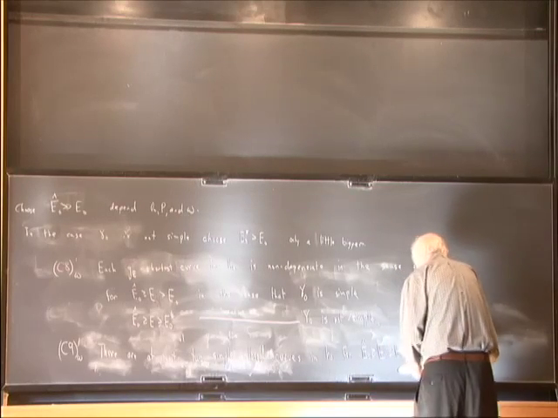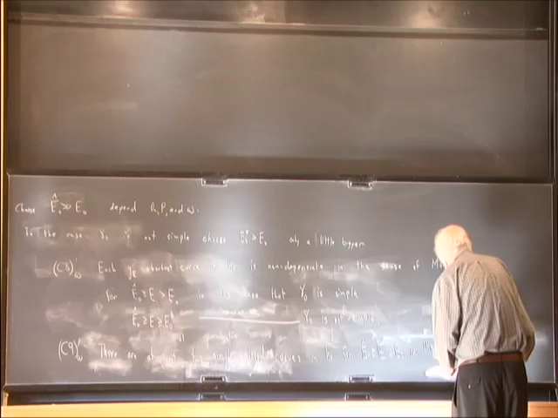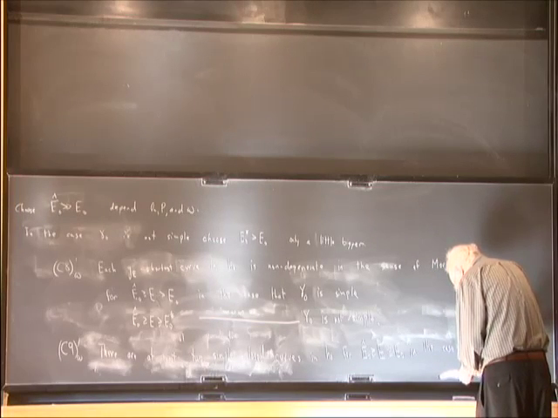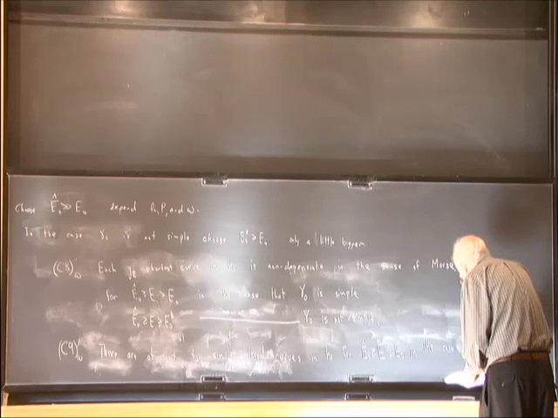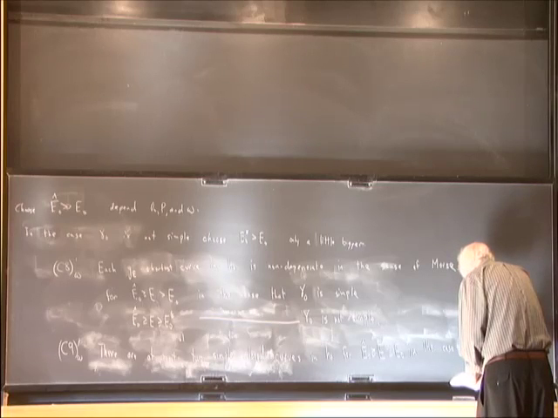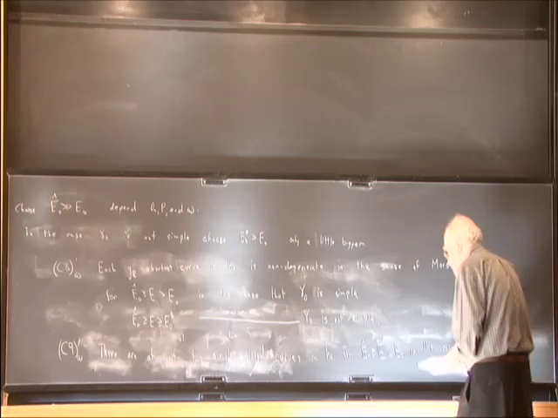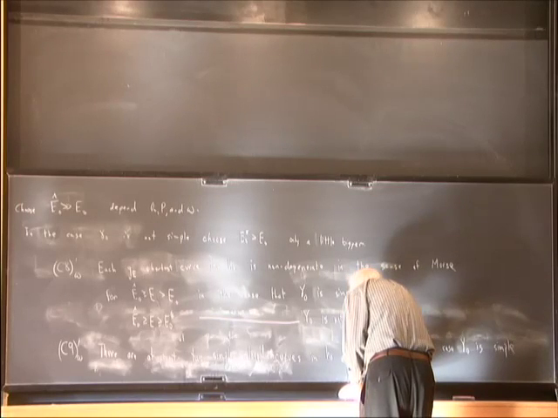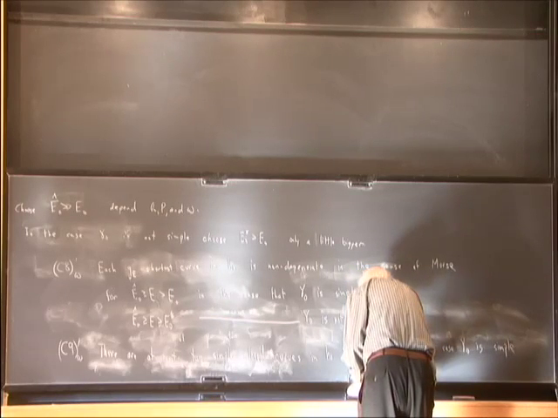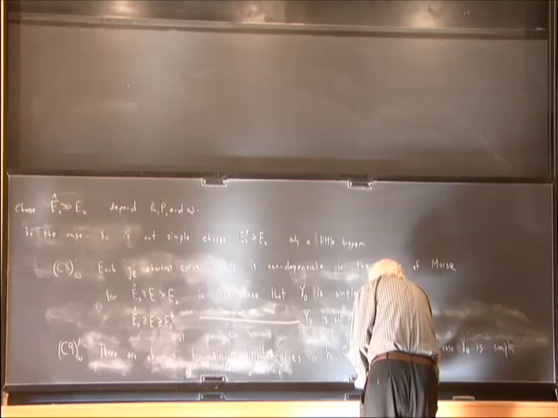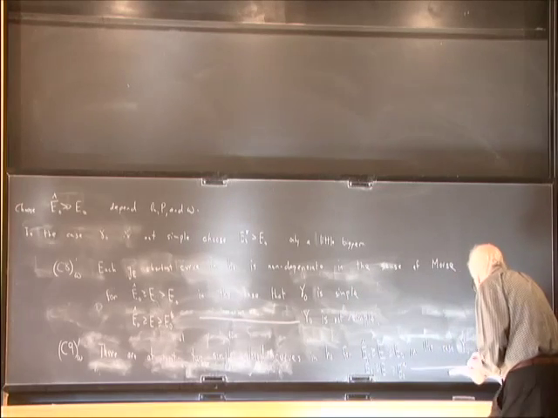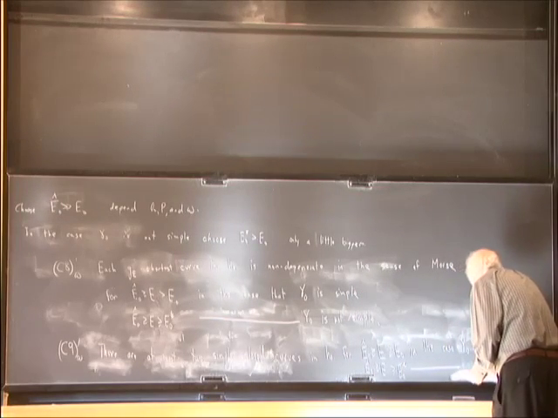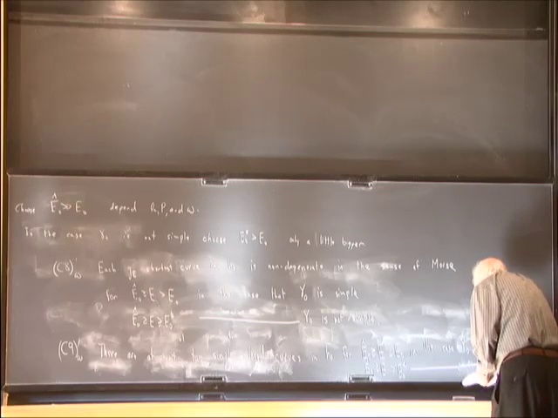So gamma 0 is the shortest curve associated to GE0. And for E, same conditions, E0 hat greater than or equal to E greater than or equal to E0 star, in case gamma 0 is not simple.